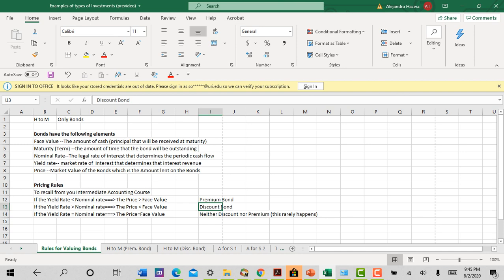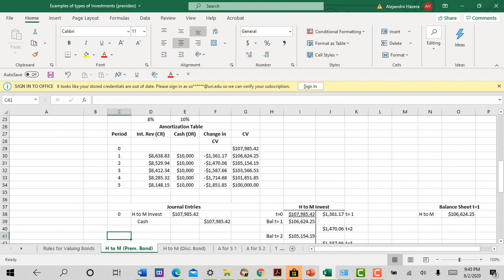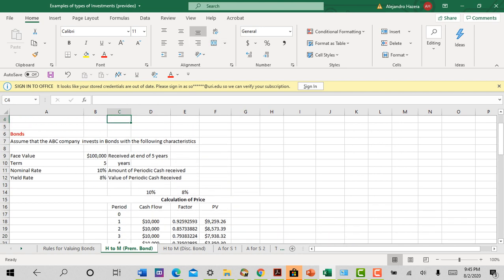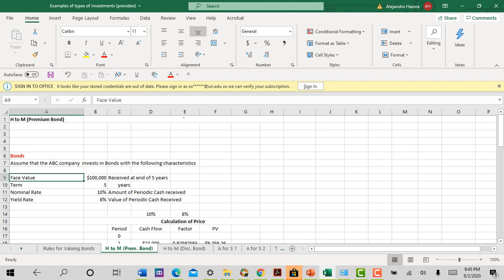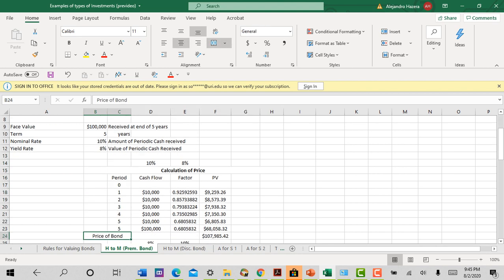Now remember that we had done an example of a premium bond. By the way, you can ignore this, that's part of an older worksheet. In the premium bond example, we had a face value of 100,000, a 5-year term, a nominal rate of 10%, and a yield rate of 8%. When the yield rate is less than the nominal rate, you'll have a premium bond.